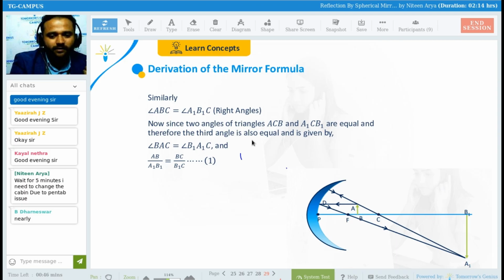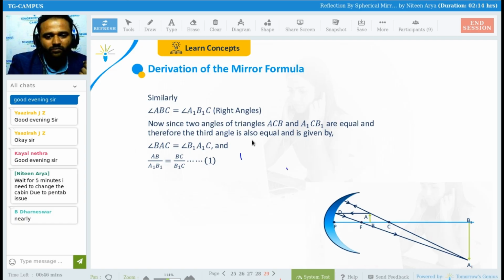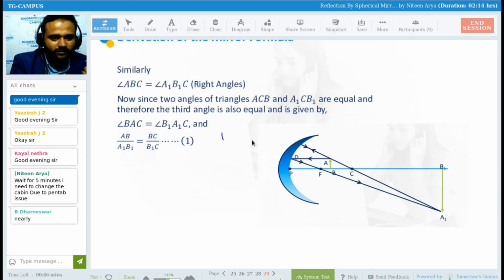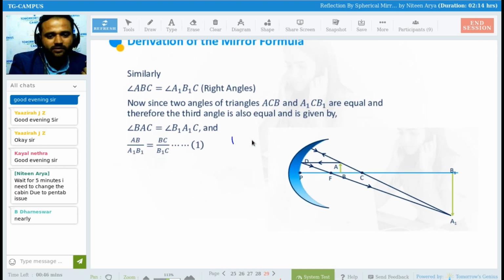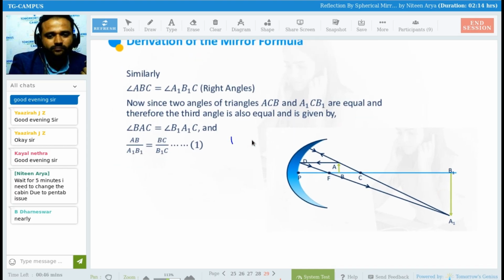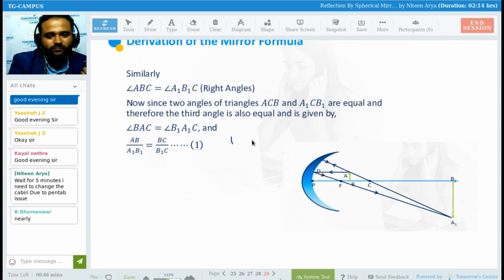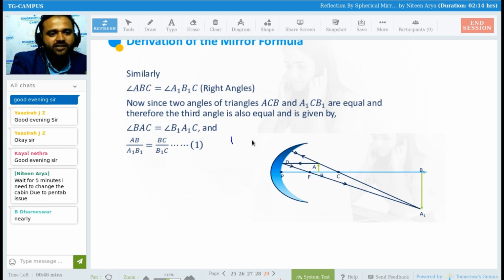Similarly, triangle ABC. Okay, where is triangle ABC? Yeah, this is your triangle ABC. As you can see, triangle ABC and A1B1C1 are also right angle triangles, and they are similar to each other.